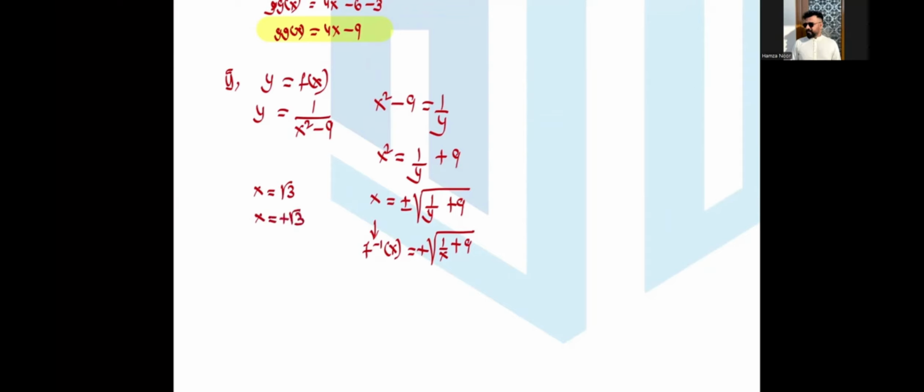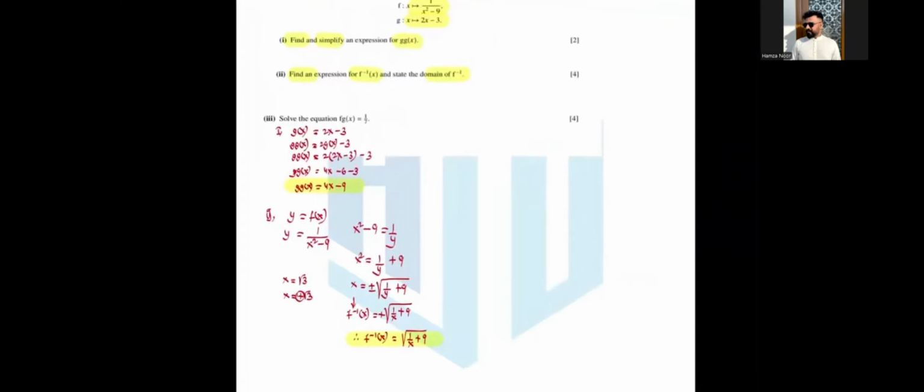So we don't need to mention this obvious thing. Therefore, f inverse x equals the square root of 1 upon x plus 9. As simple as that. This is supposed to be your answer, the f inverse x function.